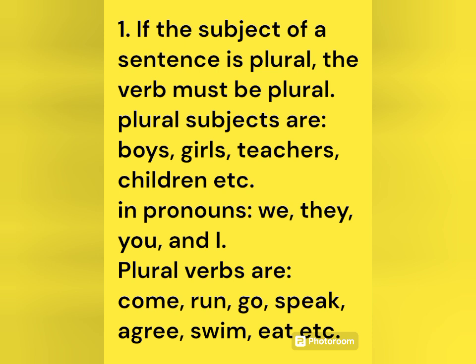But every other place it goes with the plural verb. Now the plural verbs are words like come, run, go, speak, agree, swim, eat. They do not take es or ies in the present tense.